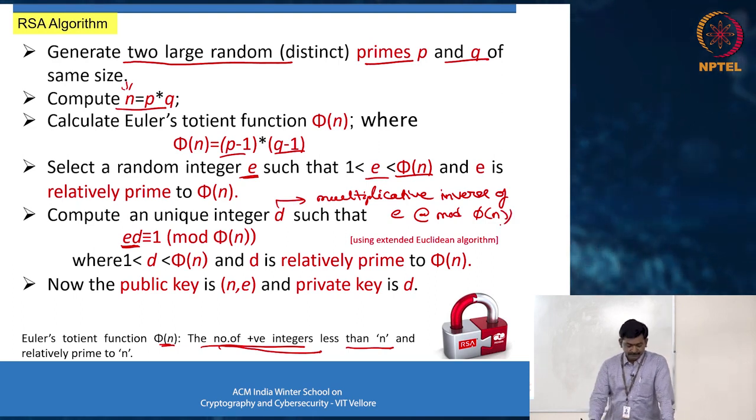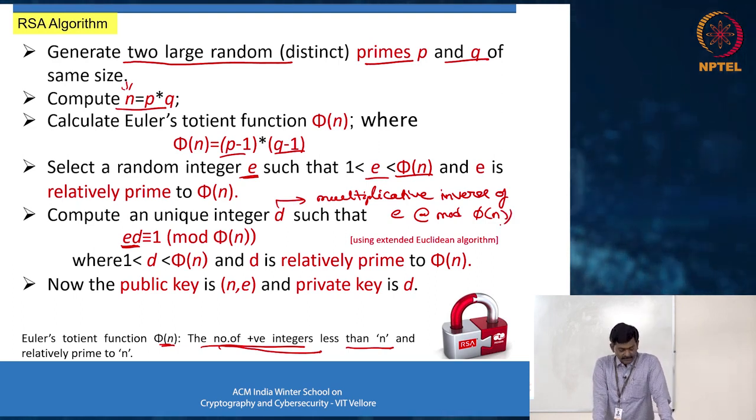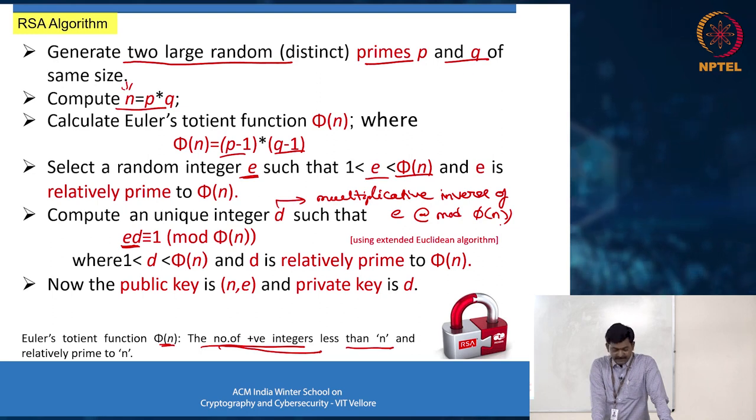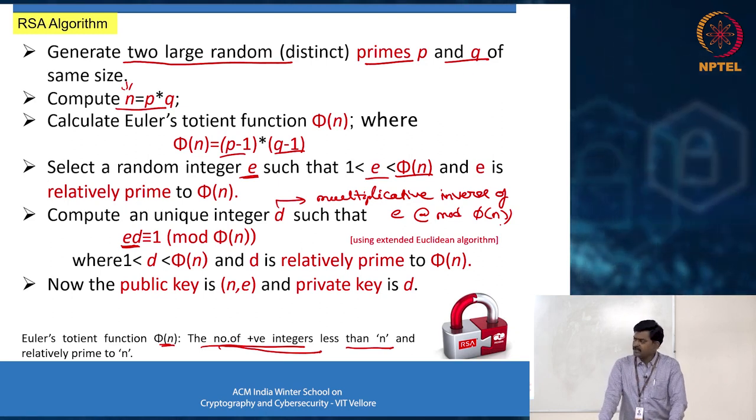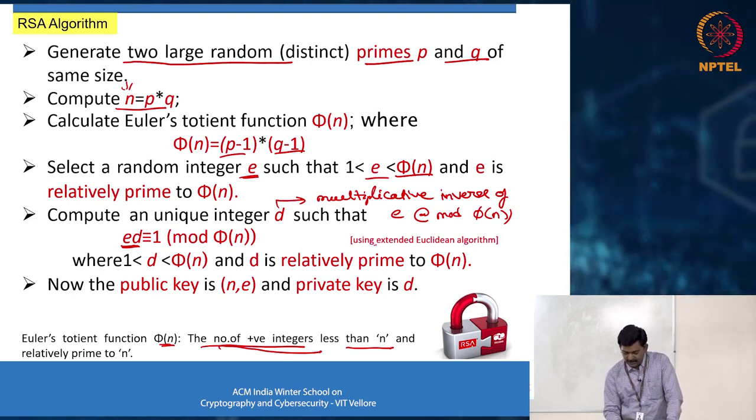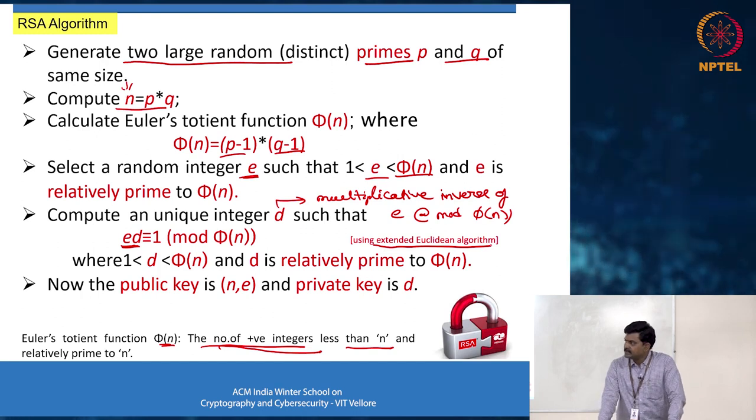Similarly, d should also be less than psi of n and relatively prime to psi of n. There is an algorithm called the extended Euclidean algorithm to calculate this multiplicative inverse of e.